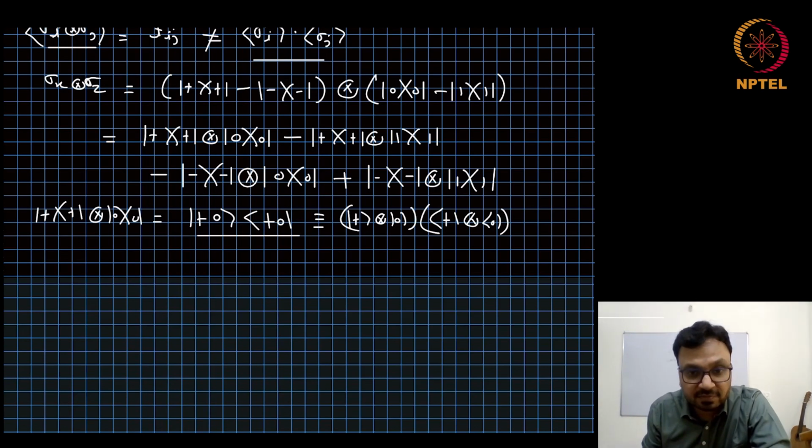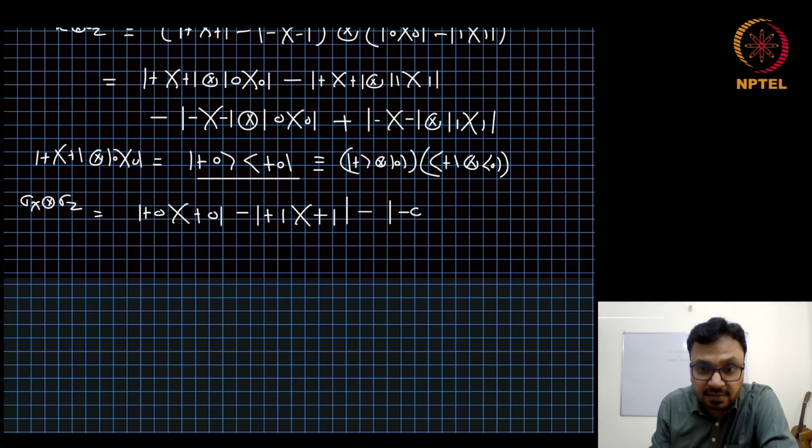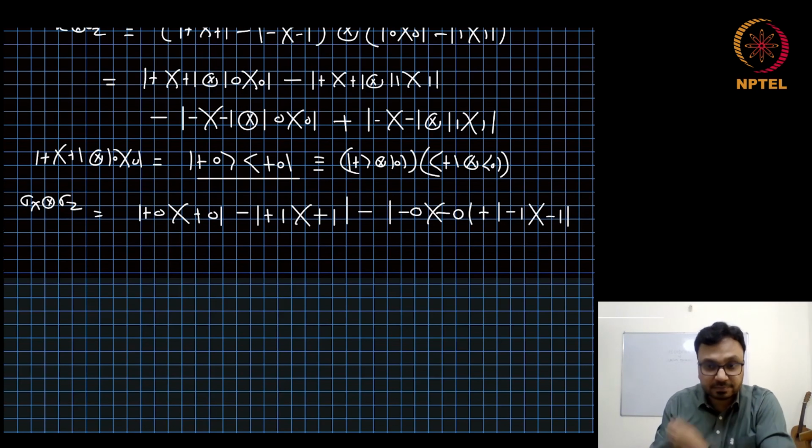To save time and space, we will write it this way. So sigma x tensor sigma z becomes plus 0 outer product plus 0, minus plus 1 outer product plus 1, minus minus 0 outer product minus 0, plus minus 1 outer product minus 1.